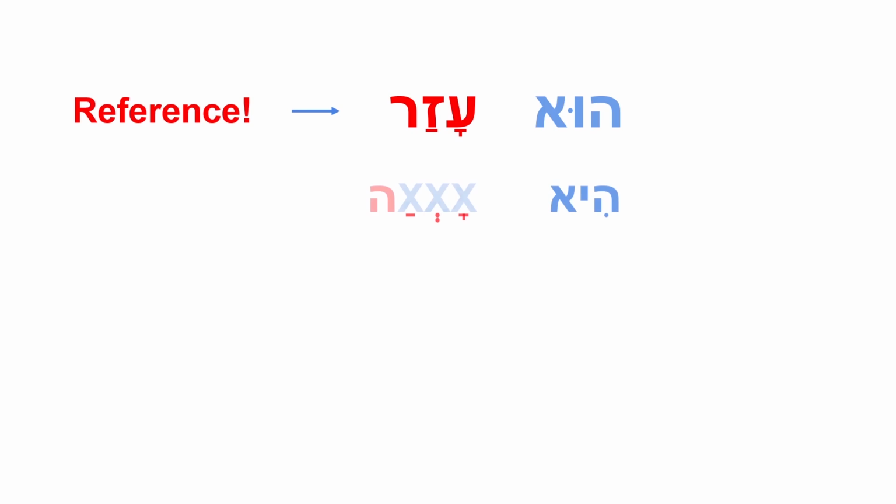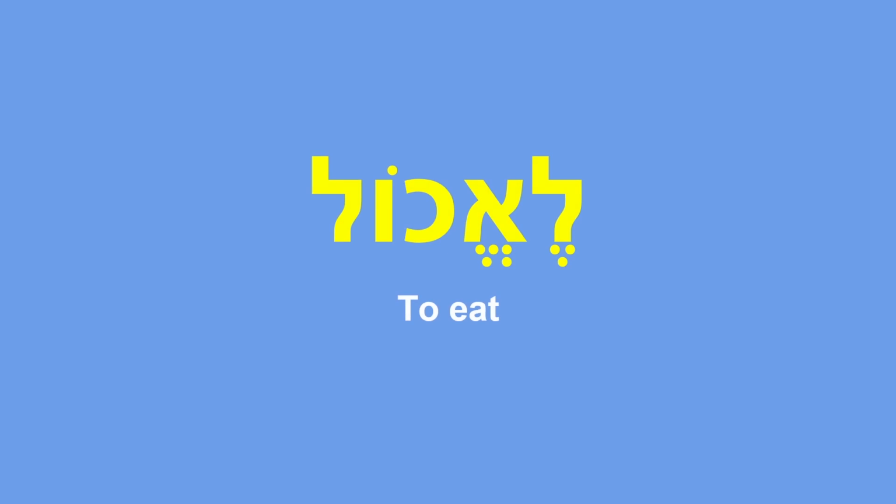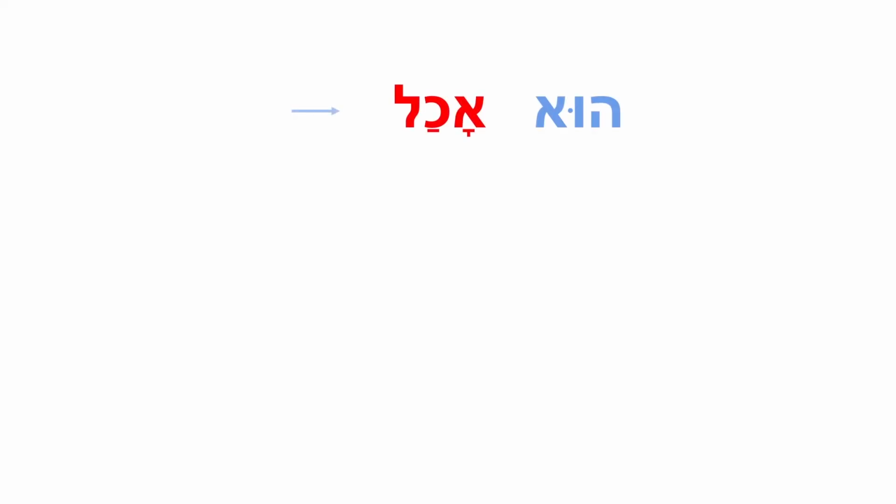He has a conjugation suffix in the form of the letter hey, and the vowel signs switch places. הוא עזר, היא עזרה. הם in 2 syllables ends with u, עזרו, and same like הם, עזרו. הוא עזר, היא עזרה, הם הן עזרו. לאכול, to eat. הוא אכל is the reference, we already found it.